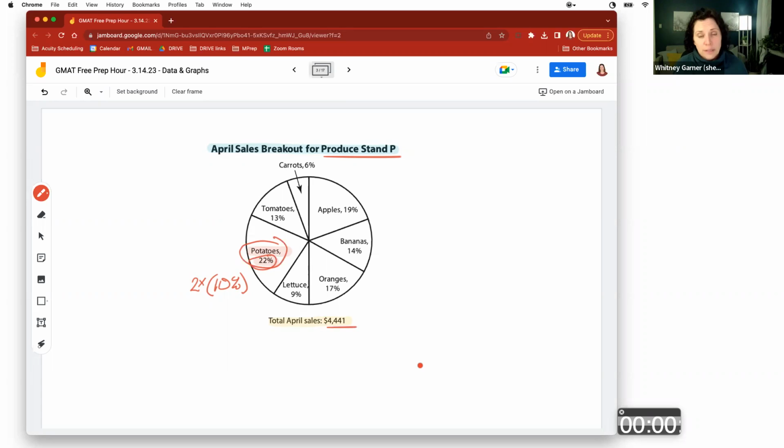I don't have to calculate that, but I would just say, around 20% or around a fifth. So I just want to make sure that I can interpret a point on my graphic somewhere, right? That's my first goal. If I cannot comfortably interpret a point or a bar or a part of my graphic, then I probably shouldn't be wasting a lot of time on this problem.